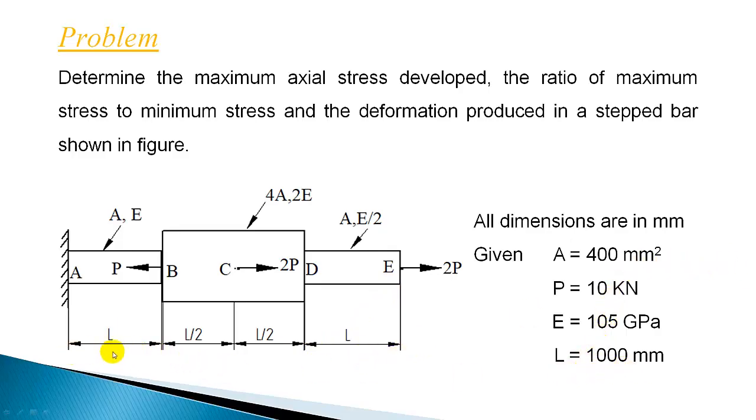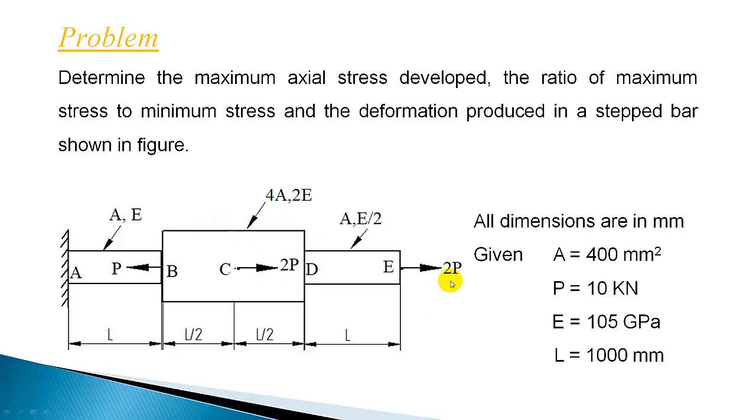So first section AB is 1000 mm, BC is L by 2, that is 500 mm, CD is again 500 mm, and the last section is 1000 mm. Area and Young's modulus also correspondingly we can find out.